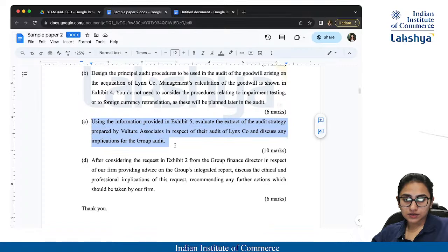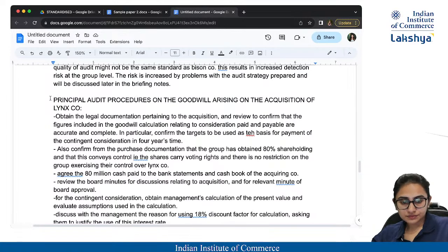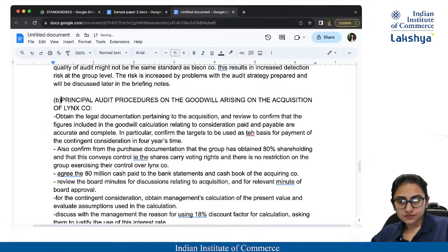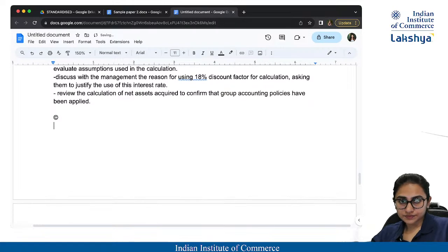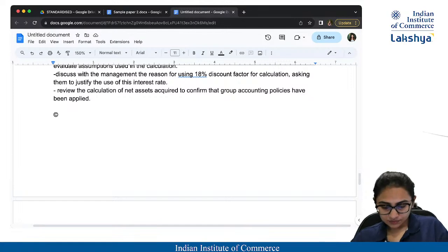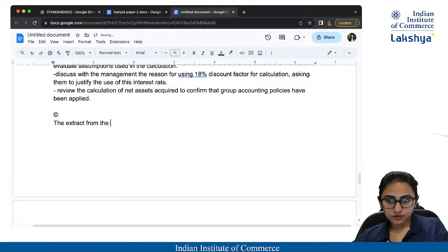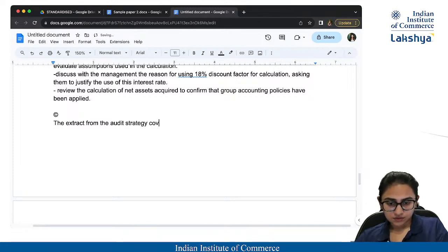So this part is for 10 marks. So this was part B. This is part C that you have to do. The extract from the audit strategy covers two areas.